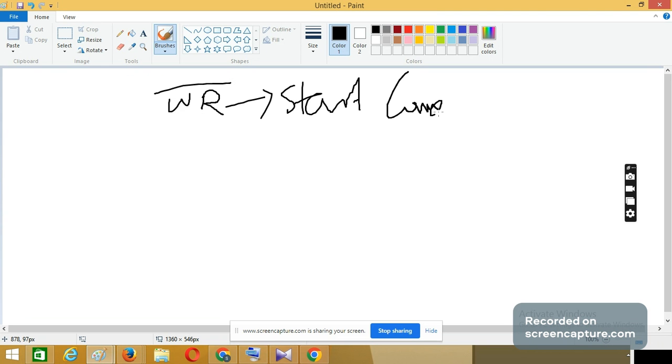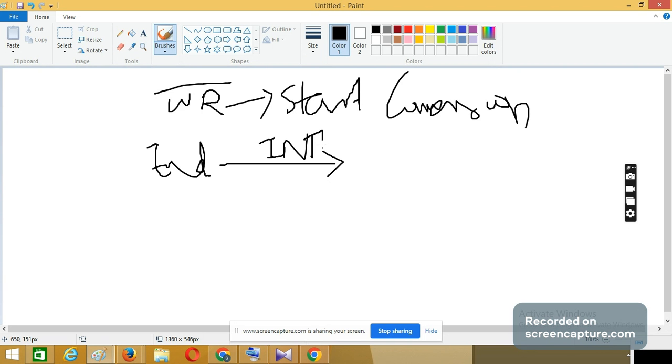So it starts converting. After end of conversion, through INTR bar, the ADC will give information to the microcontroller that conversion is over. Thereafter, the microcontroller has to give a read bar signal. Through that, it has to give information to the ADC.